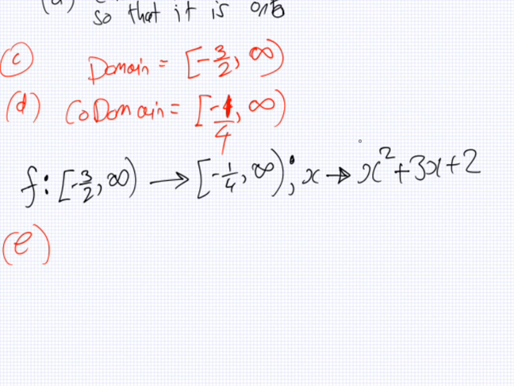Is this one-to-one? If you're saying it's not one-to-one, you need to prove it. The way you prove it's not one-to-one is you find two values of x that make the same y value. Once you've done that, the proof is finished.